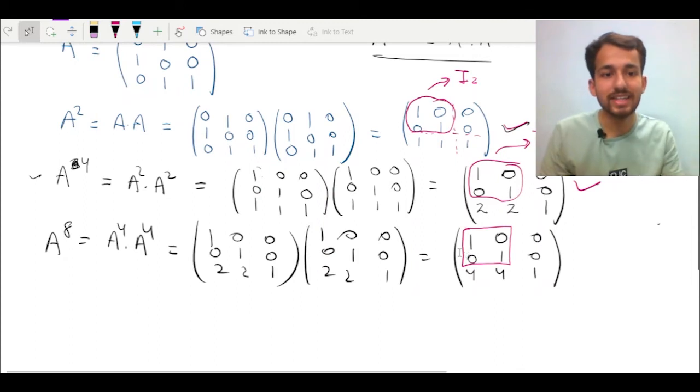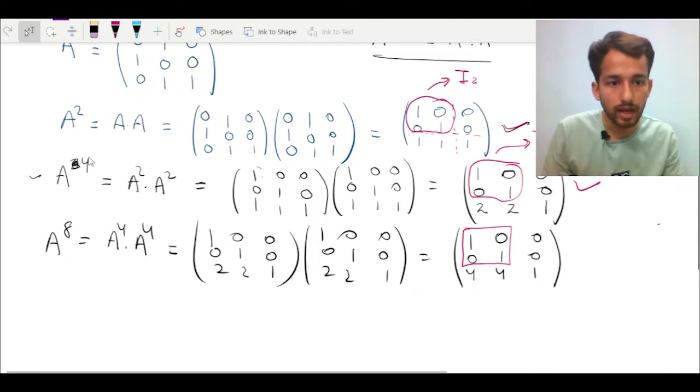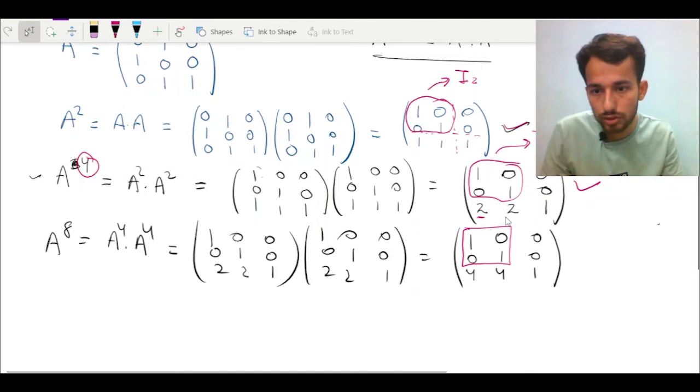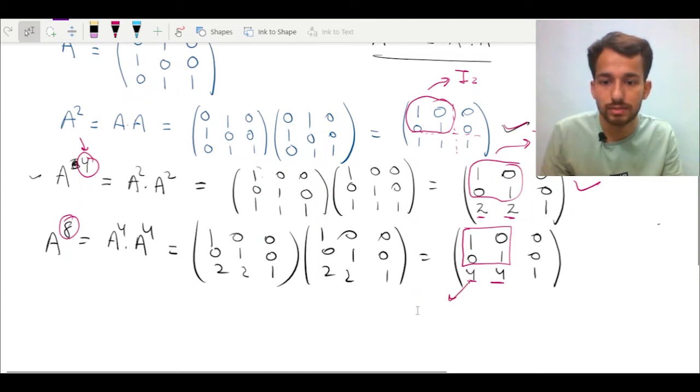So I think you have now observed some pattern here. If my power was 4, the elements corresponding to here were 2 and 2, just half of this power. Similarly, if my power was 8, the elements are 4, that is half of 8, that is 8 by 2.